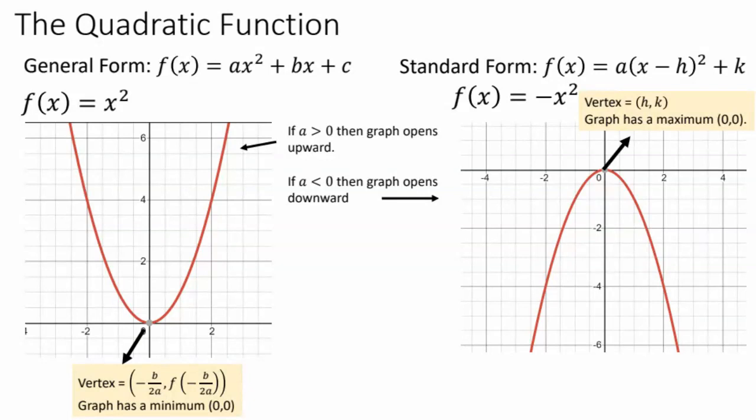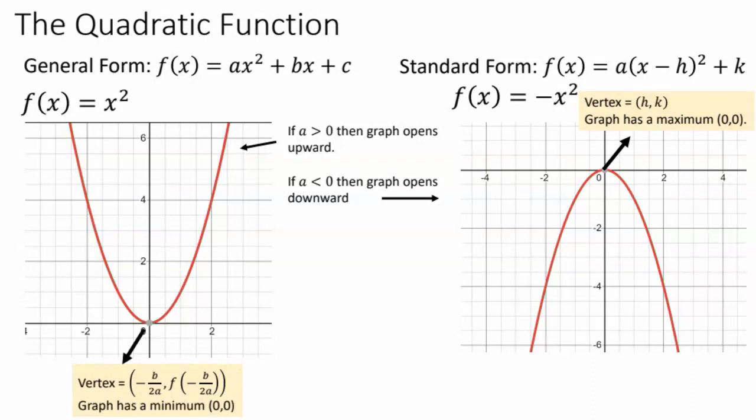The only thing that happened by a being a negative value is we created a reflection on the graph, okay? Now, to do a little review, when our a is a positive value, our vertex is considered to be our relative minimum point. And when our a is negative, our vertex is considered to be our maximum point, okay?